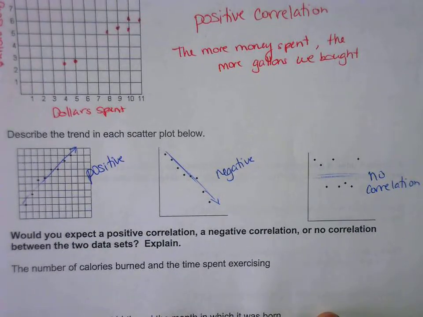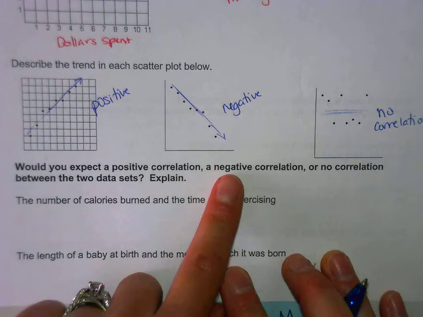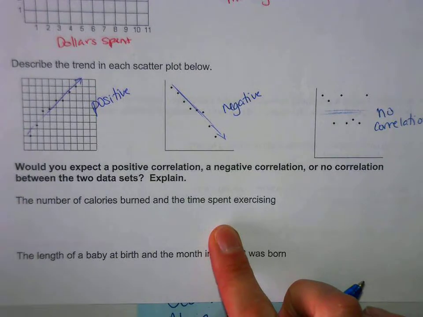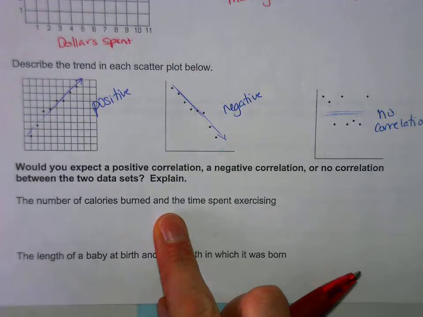So would you expect a positive correlation, a negative correlation, or no correlation between the two data sets that are given to us down here? We have to explain. So the number of calories burned and the time spent exercising.